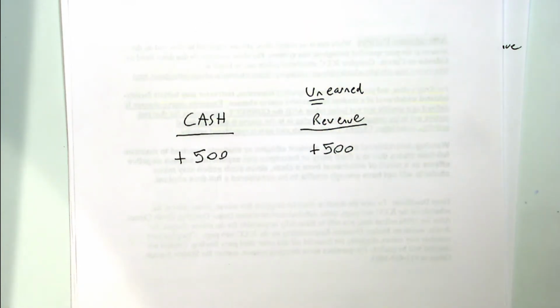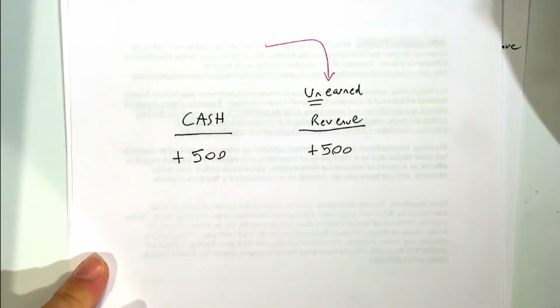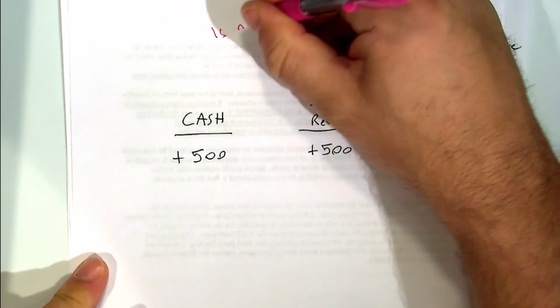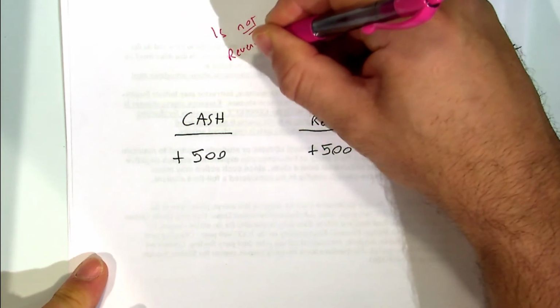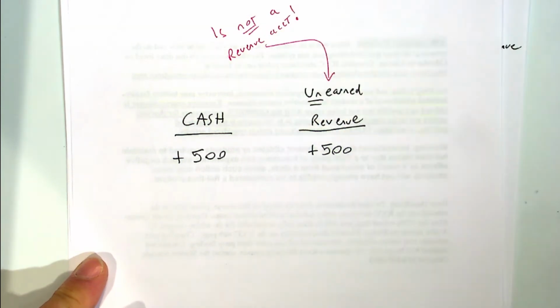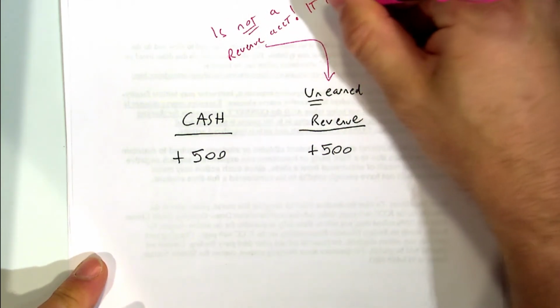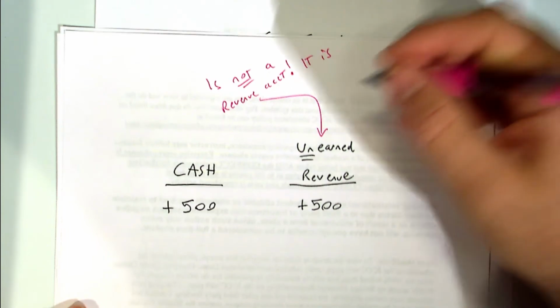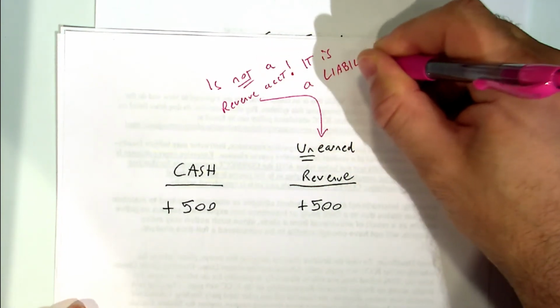Unearned revenue. Now, I want to talk about this account. Unearned revenue is not a revenue account. It's not. But it says revenue. No, it's not a revenue account. It is a liability.